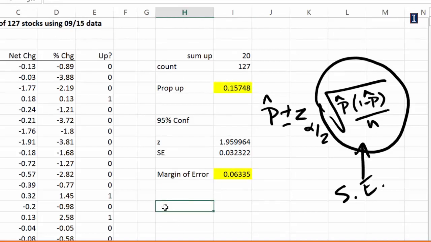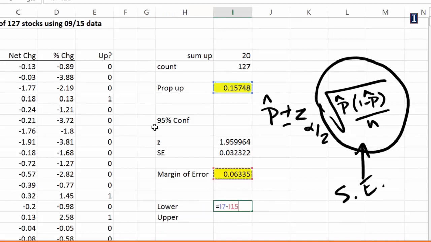So now my 95% confidence interval would be the lower part of it, and the lower part is going to be the sample proportion, which is right here, minus the margin of error. And the upper would be sample proportion plus the margin of error.